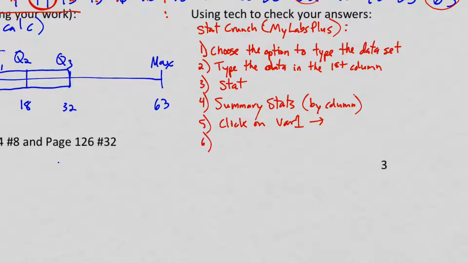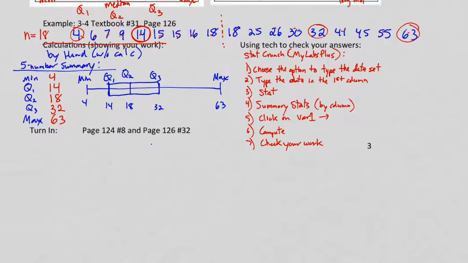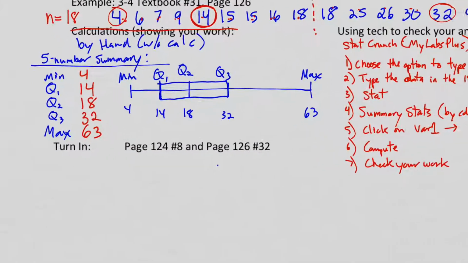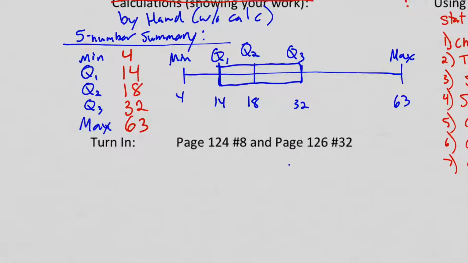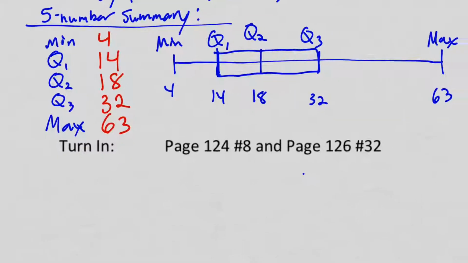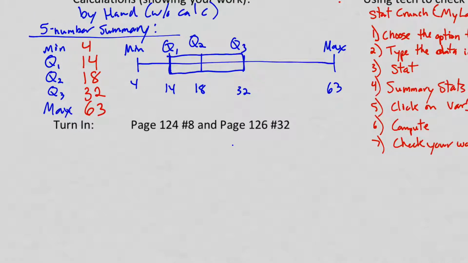And then the last thing you're going to do is click compute. And then check your work. You can also find that from the textbook. So our work should say 4, 14, 18, 32, 63.